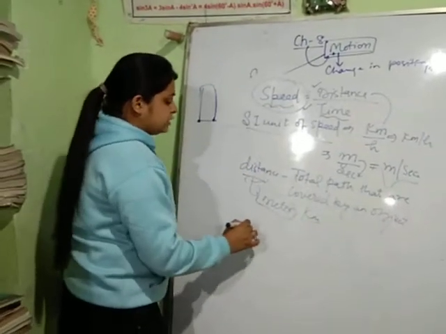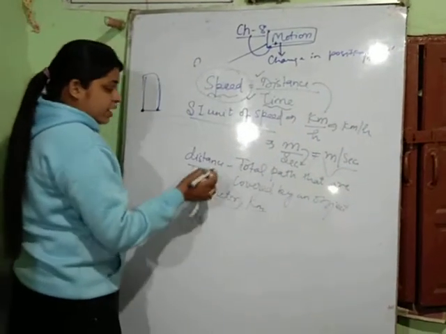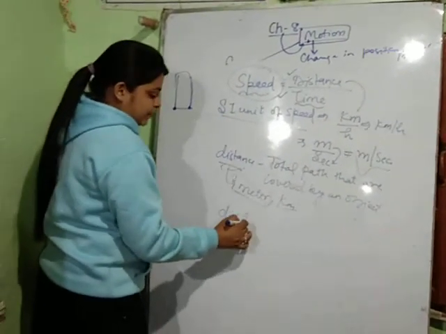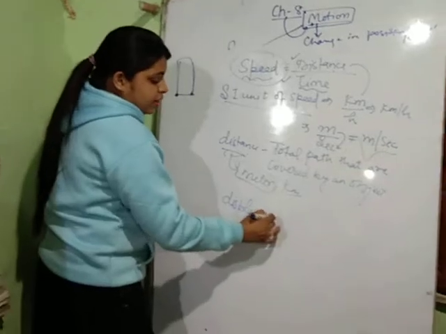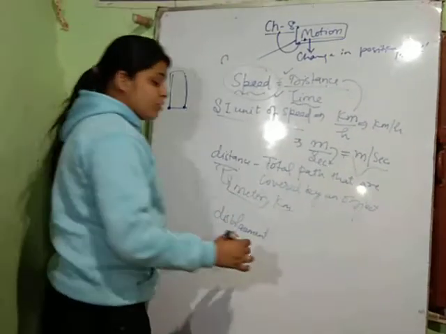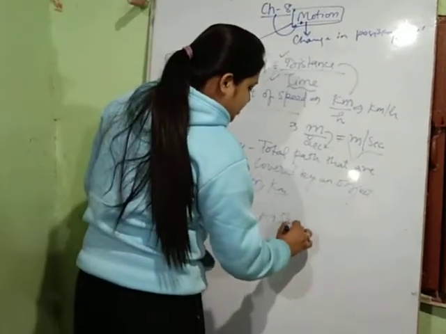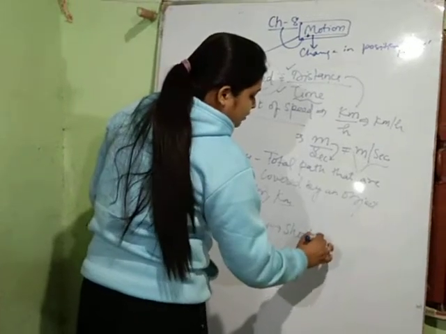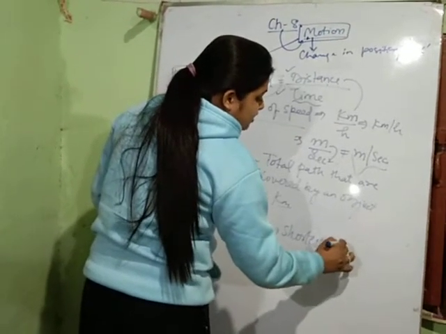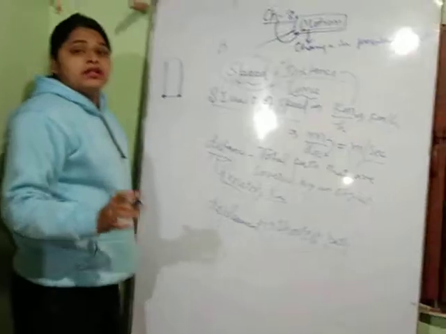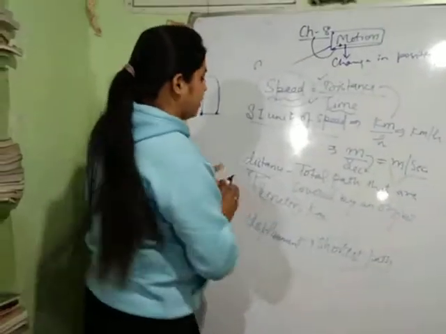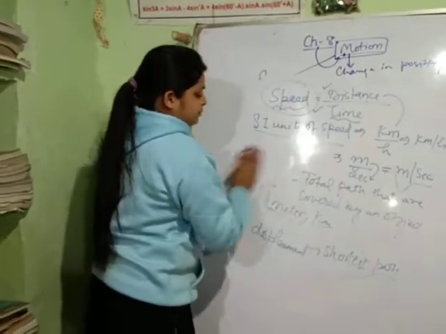Next is displacement. Displacement is the shortest path, or we can say the shortcut. Just understand, I will explain.